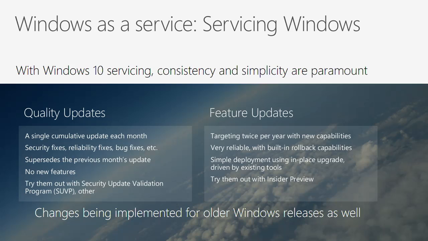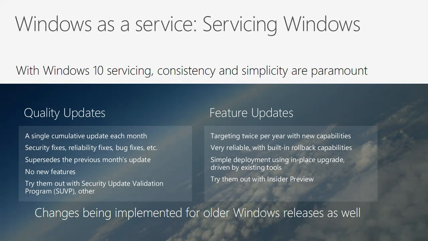Quality updates start off small with each Windows release and then grow over time. The feature update size is pretty much consistent for each release, but you do have to deal with this about twice per year as we release these.